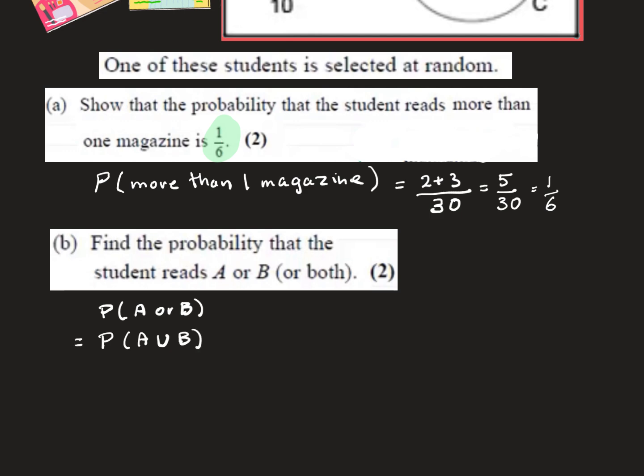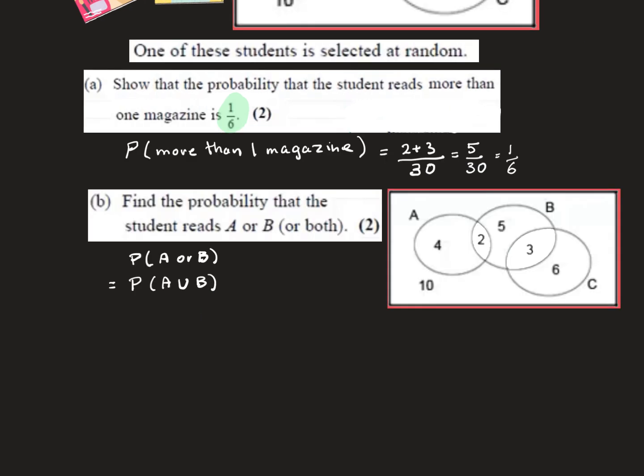So let me bring down the Venn diagram so we can see it. And the area that unites A and B is the whole of A and all of B. Goes right down over here. This means this segment, this segment, this segment, as well as this segment.